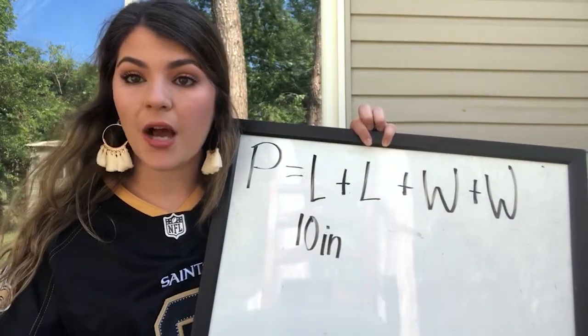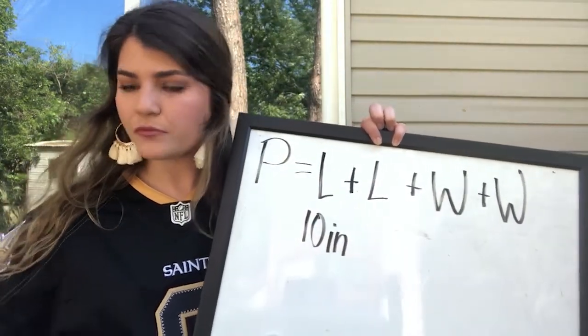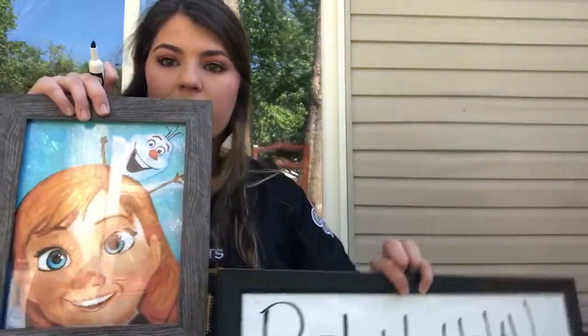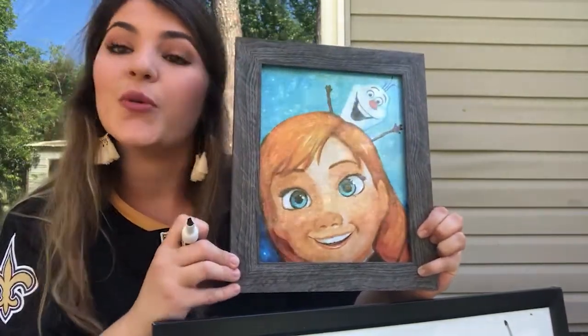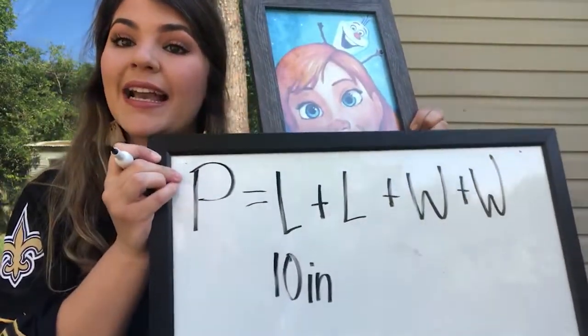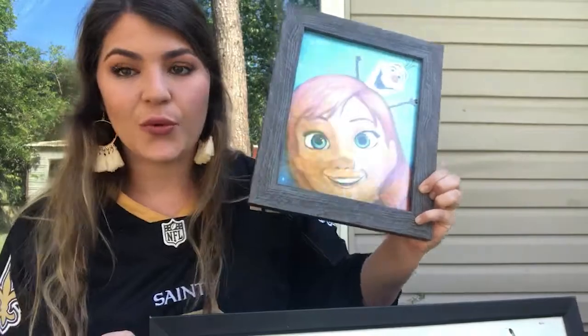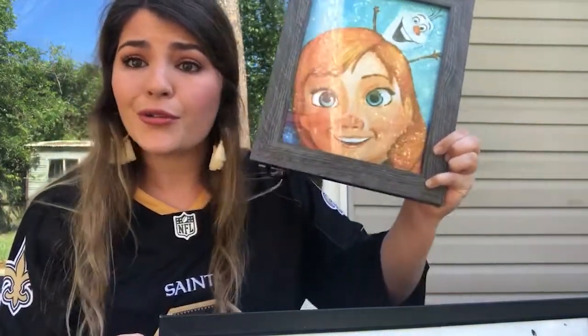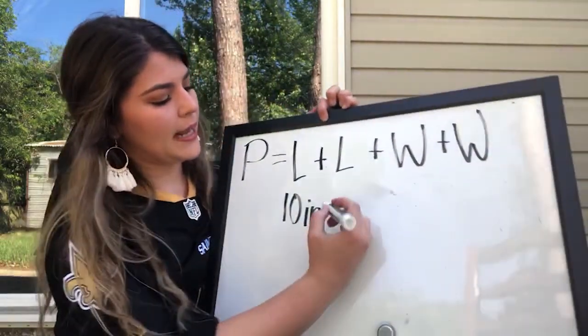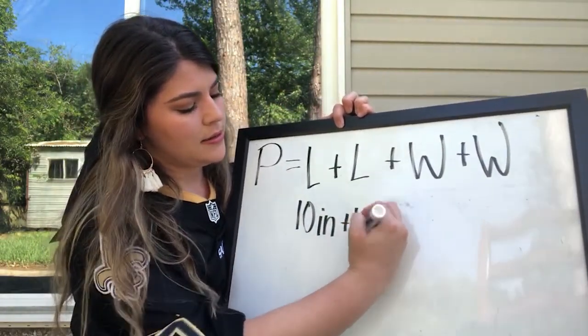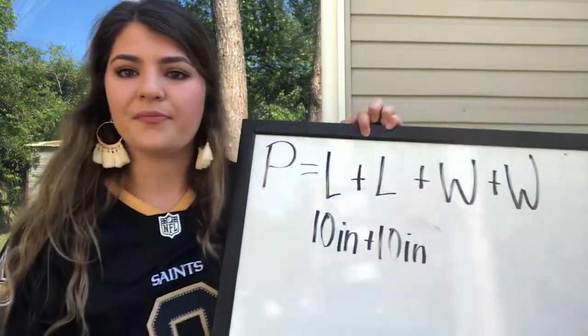The great thing about rectangles is that your two lengths that are parallel to each other are also equivalent. So I know that my second L is also equal to 10 inches. If you weren't sure, you could just measure that second length as well. So I'm gonna add 10 inches, okay?